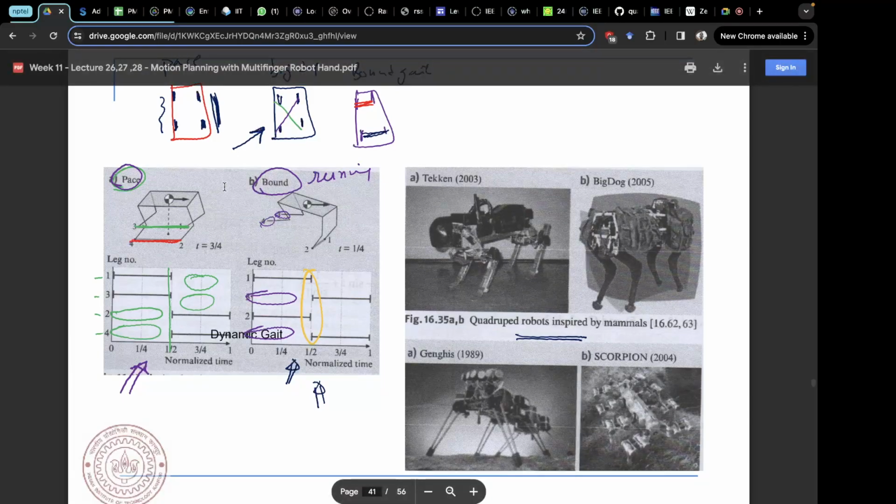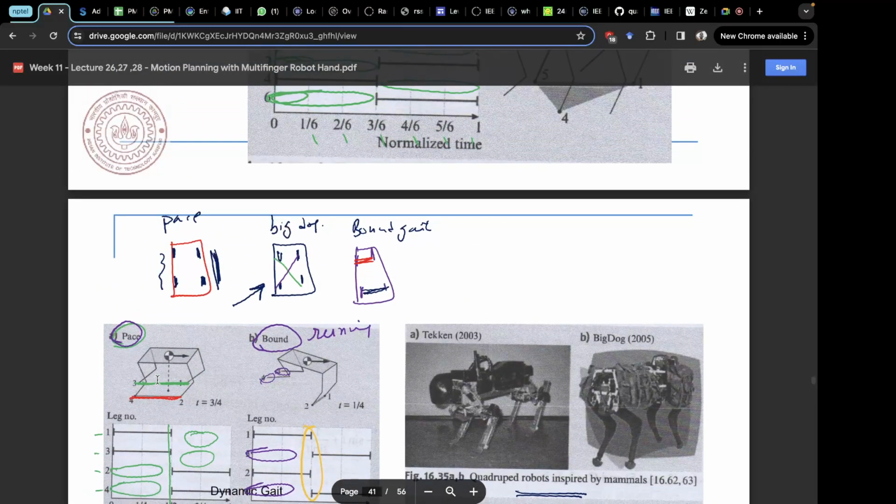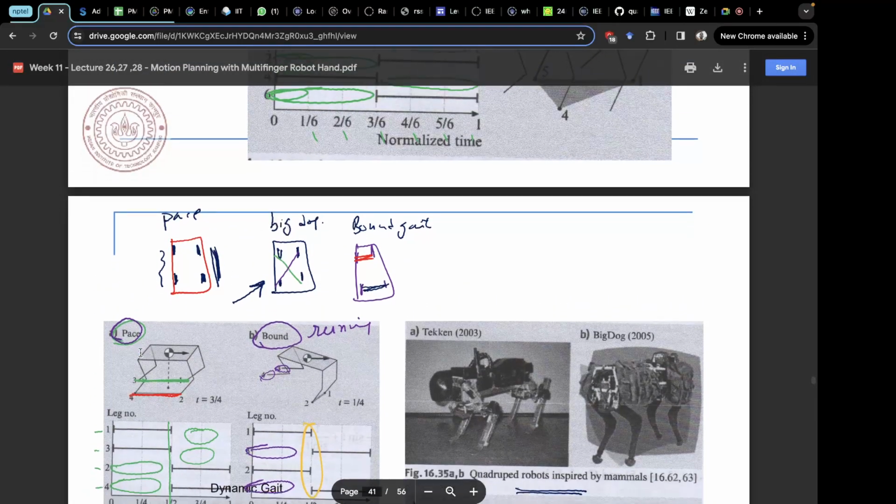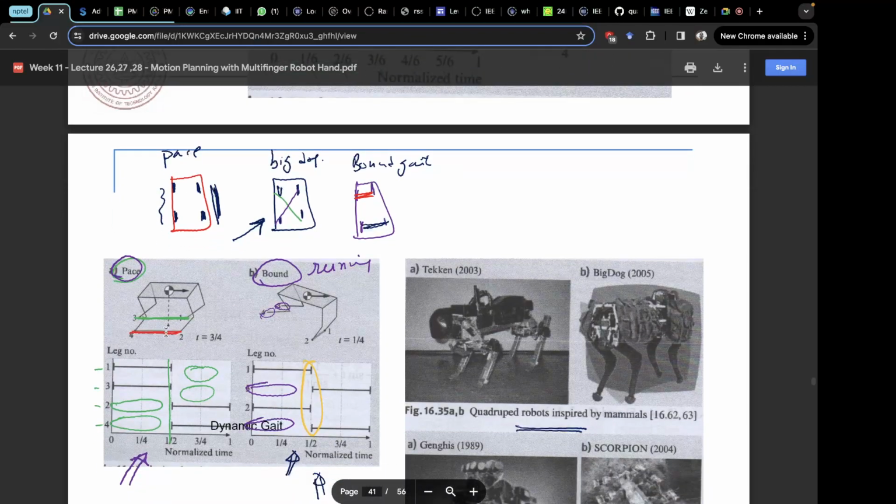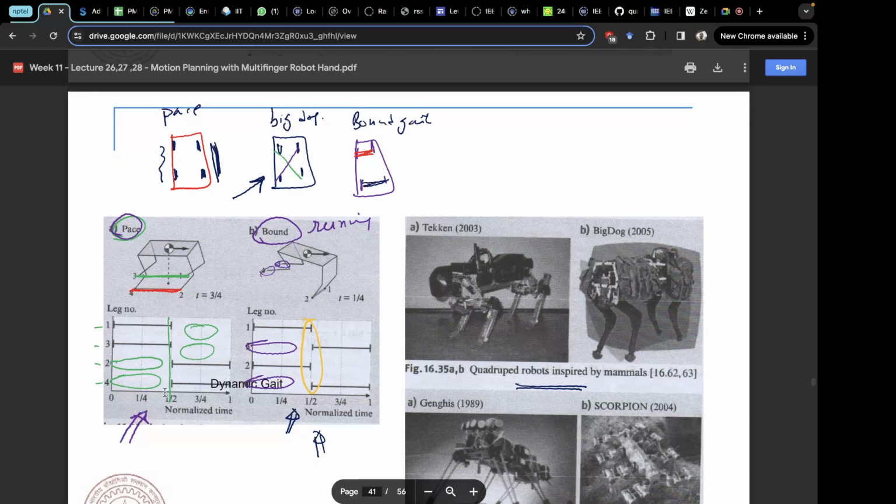So these are a few other gaits like pace. In the pacing gait, the legs on the same side of the body move together. So both the left legs move together and both the right legs move together. That is the pacing gait.